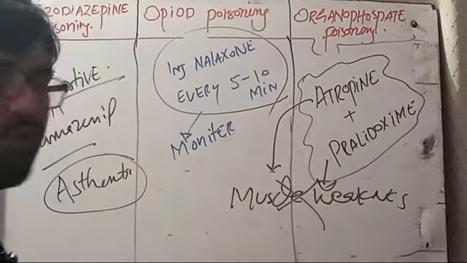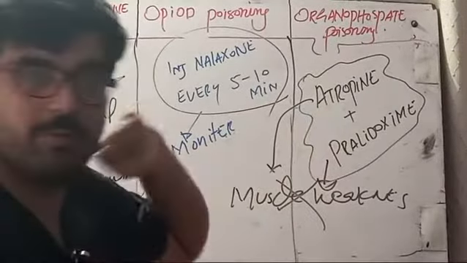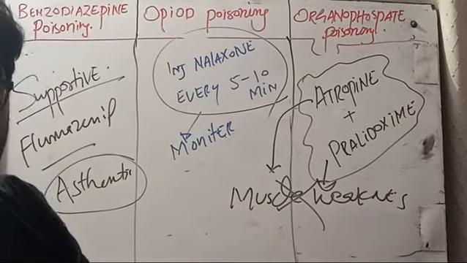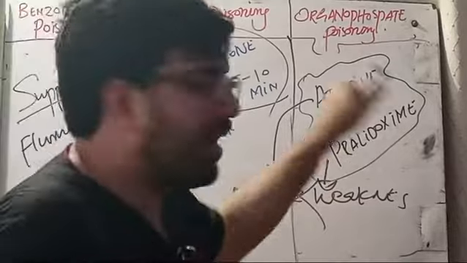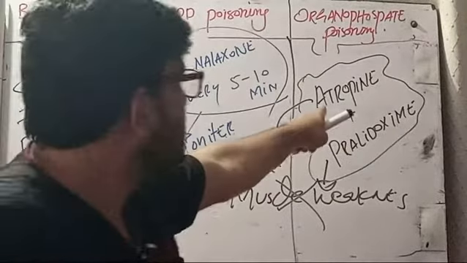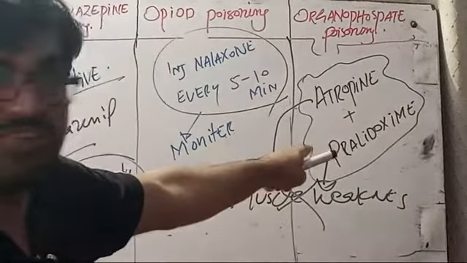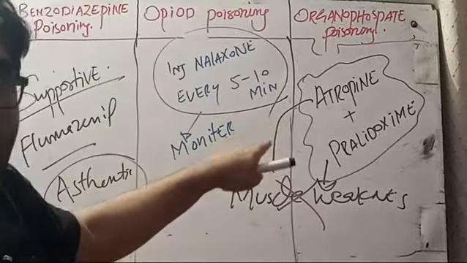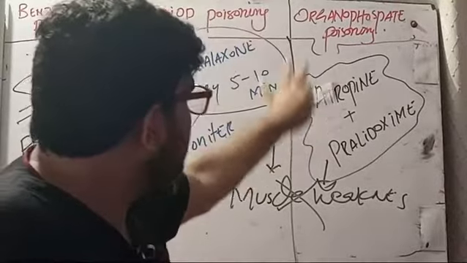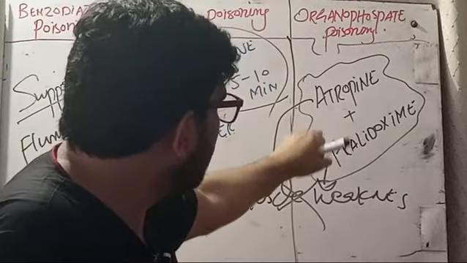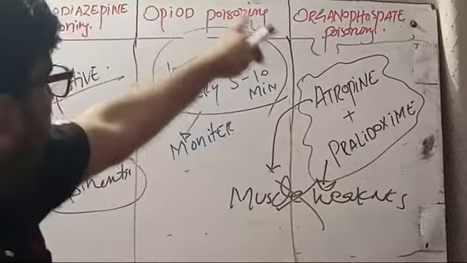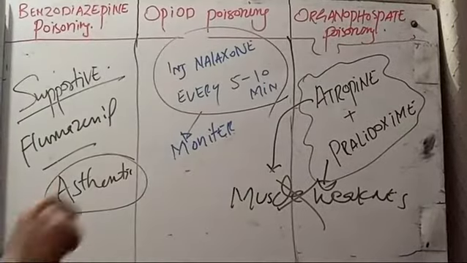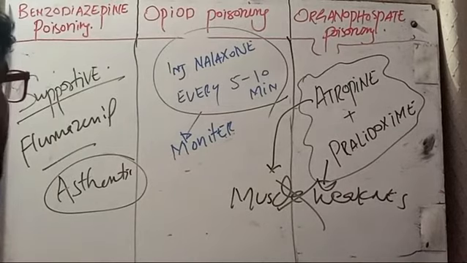For MCQ purposes, if the question clearly says that there is muscle weakness as well, you have to pick pralidoxime. Atropine does not recover the muscle weakness. Best initial is atropine, most specific is pralidoxime. But if the question asks what you can do for muscle weakness in a case of organophosphate poisoning, your answer is pralidoxime.